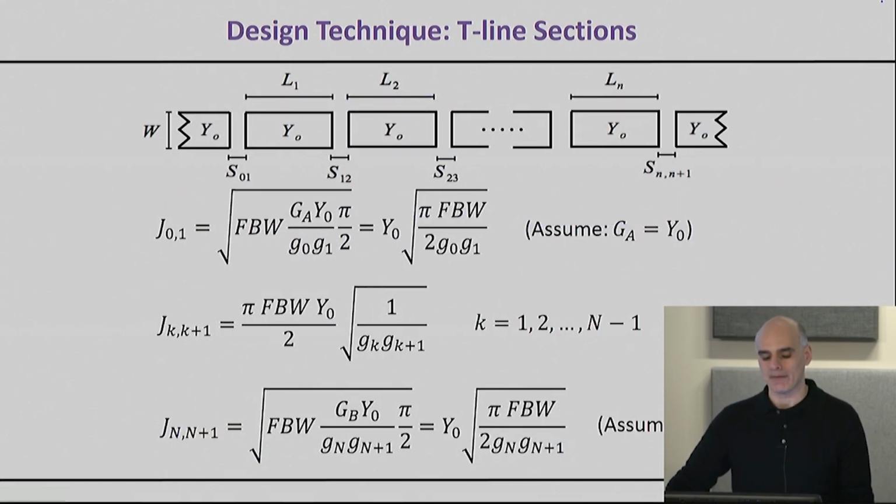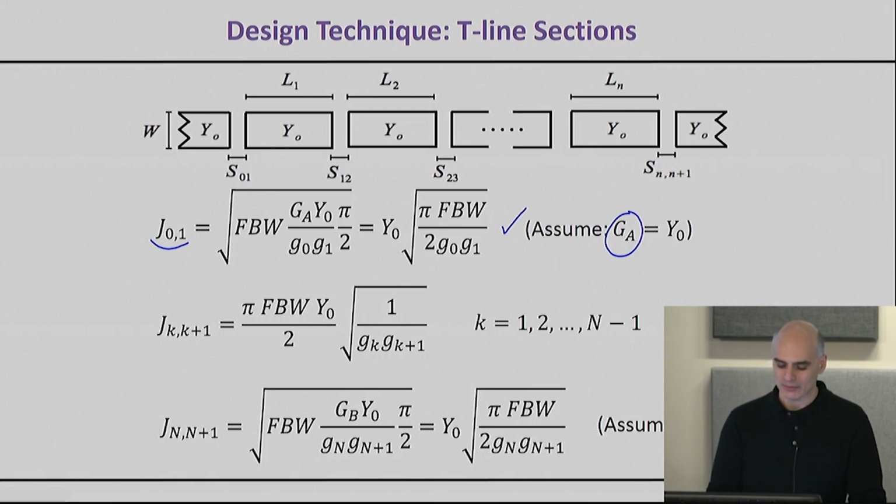I can compute every single admittance, every single inter-resonator coupling, and every single inverter. So I plug in the equations here, and I'm going to make the assumption that my input admittance GA is equal to Y naught. And so here's the equation for the first coupling, the coupling between the source and the first resonator, which, by the way, later on we're going to call external coupling.